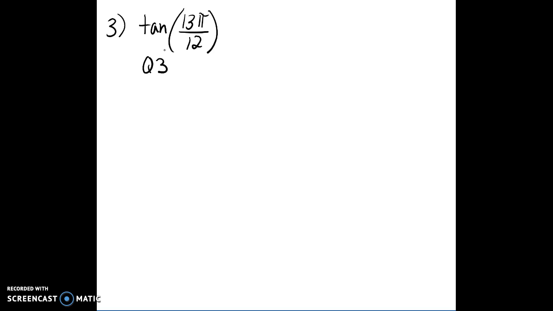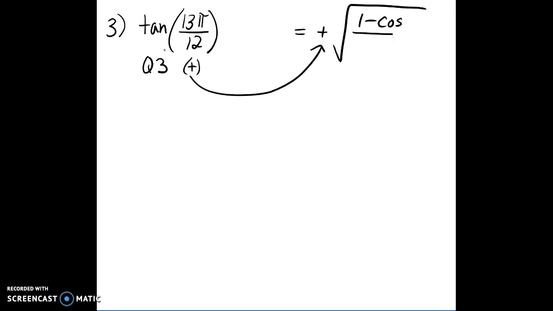I think 12 pi over 12 and where that's going to fall. Tangent's positive in quadrant 3, so when we skip over to doing the radical information, you don't have to put the positive sign in front, but just realize that you're only doing the positive version. And that's going to be 1 minus cosine over 1 plus cosine of whatever angle that we get.